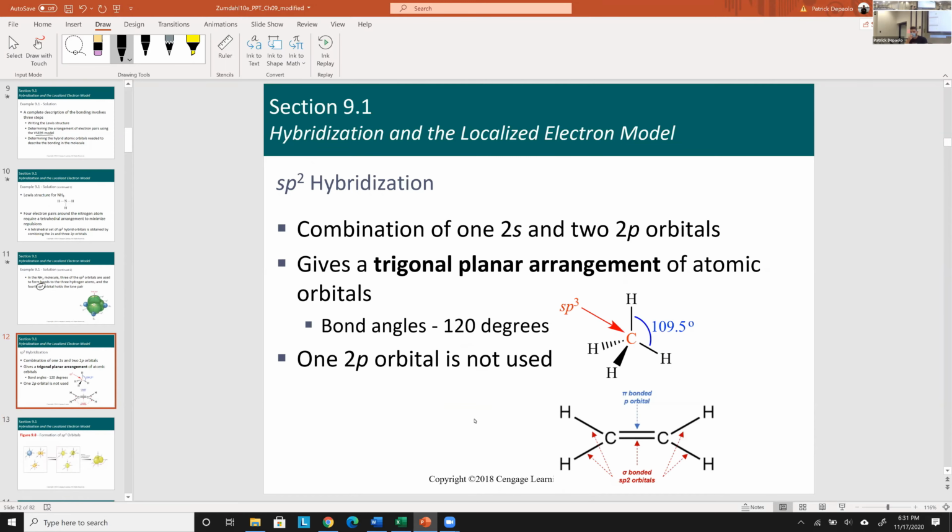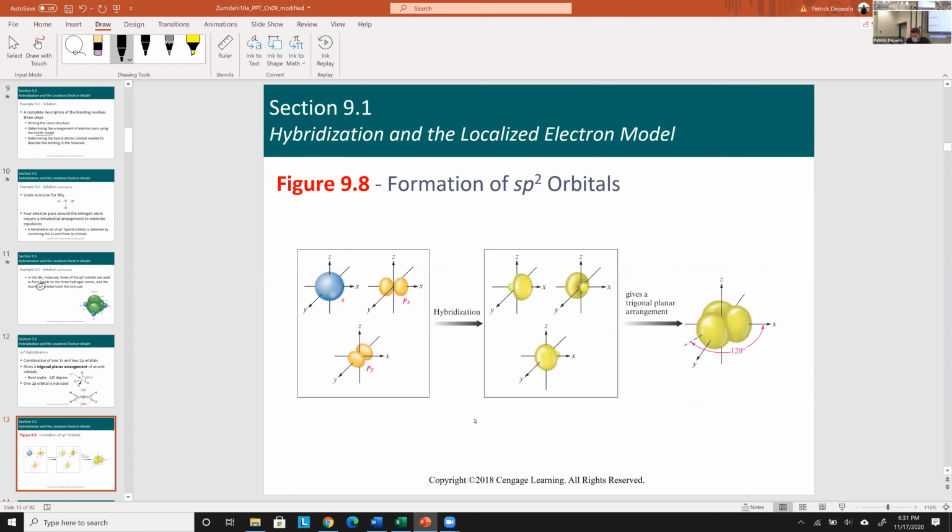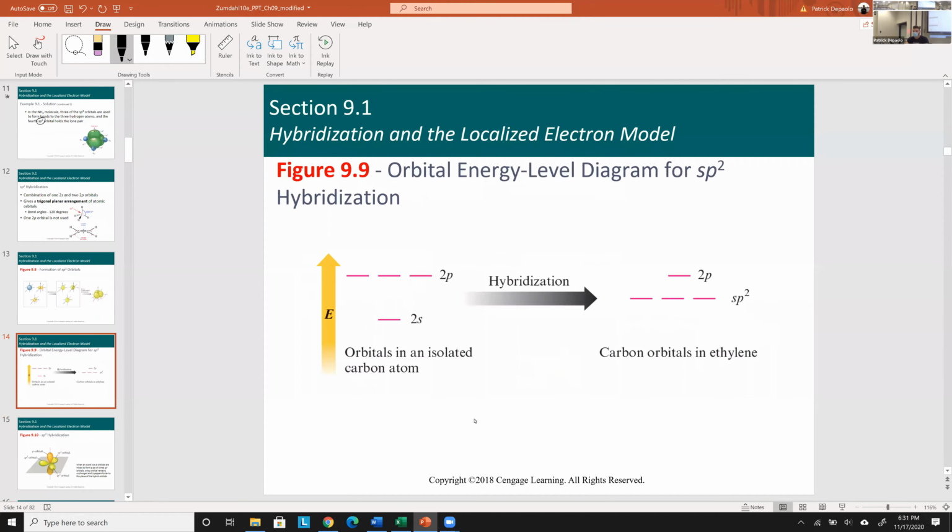Okay, the next one is called sp2. Here we go, here's sp2. What happens is that one of the electrons from the filled-up 2s is going to come up to the remaining p orbital, and one is going to be left over.